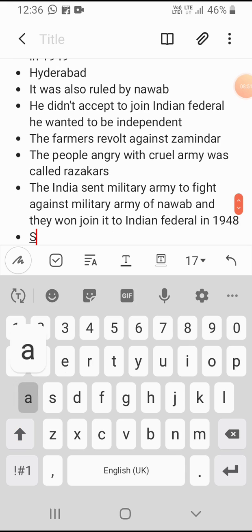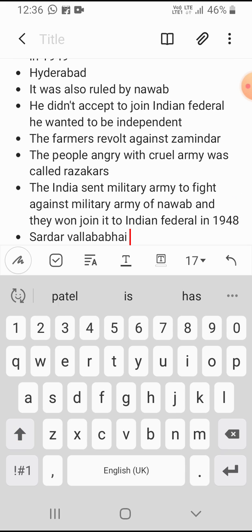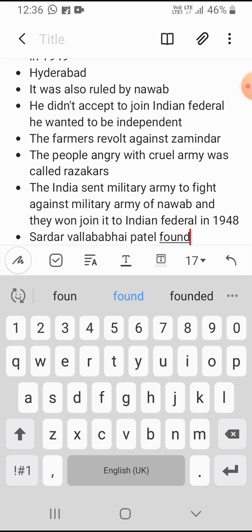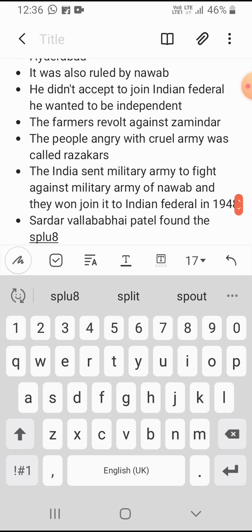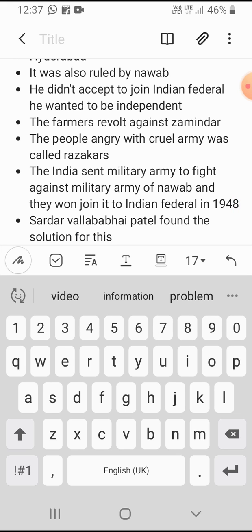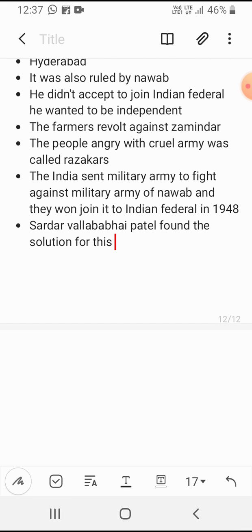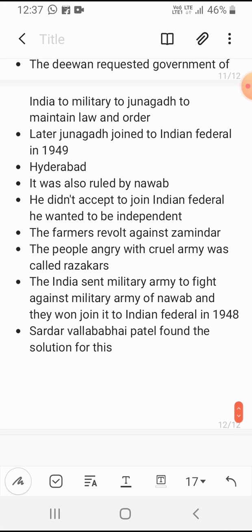Sardar Vallabhbhai Patel found the solution for this. They were in tension about how to join Hyderabad to India, but finally Sardar Vallabhbhai Patel found the solution for this problem.